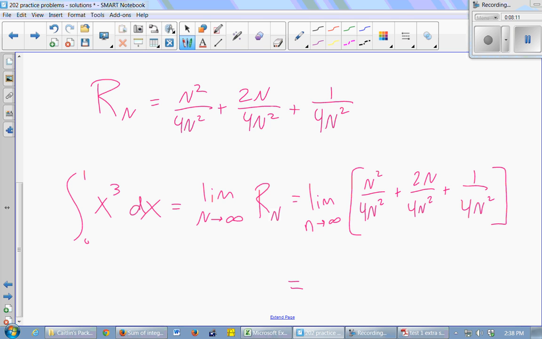Okay, so now I just have to think about these limits. In my first fraction, the n squareds cancel, so my limit's going to be 1/4. In my second fraction, this n cancels with one of these n's, and so as n goes to infinity, that denominator is going to blow up, and the whole fraction will go to 0. And then the same thing happens in the third fraction. The denominator is going to blow up. As the denominator of a fraction gets bigger, the value of the entire fraction gets closer to 0. So my limit is 1/4.